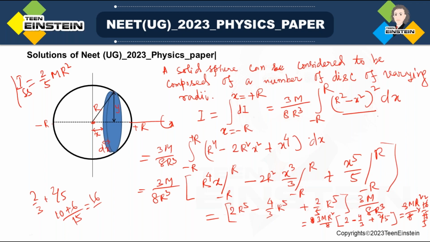If you had known this result itself, then you need not do all those calculations for solving this problem. Generally, you should remember some of these values. So about its own axis, it will be 2 by 5 MR square. This is known to you, I hope.